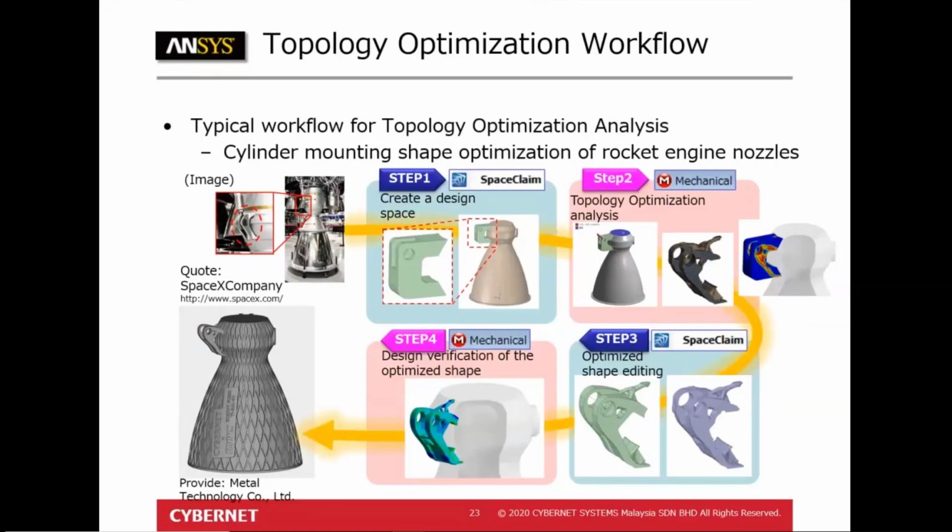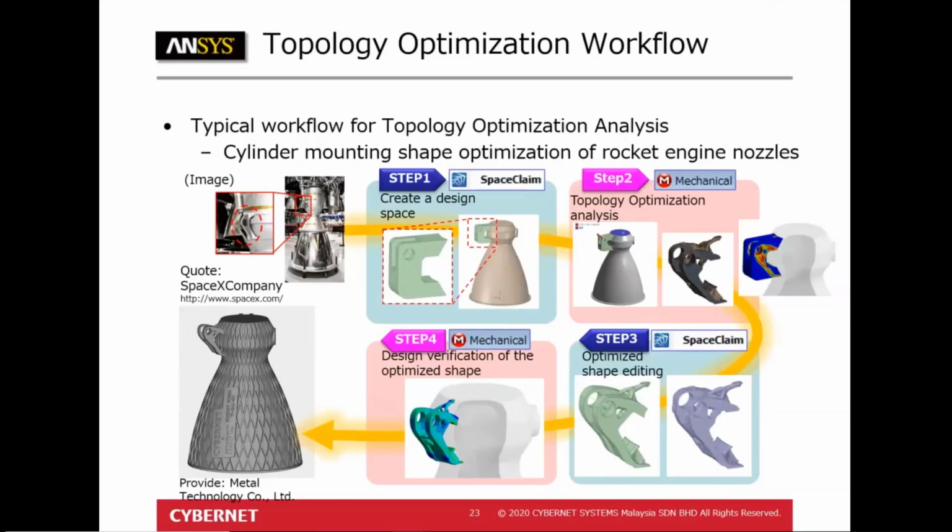we define our design space using CAD software, which in this case we are using ANSYS SpaceClaim to define our design space. And then next, we carry out a static structural analysis first as a reference for the stress and deformation for our model. Then afterward, we can start to run the topology optimization.